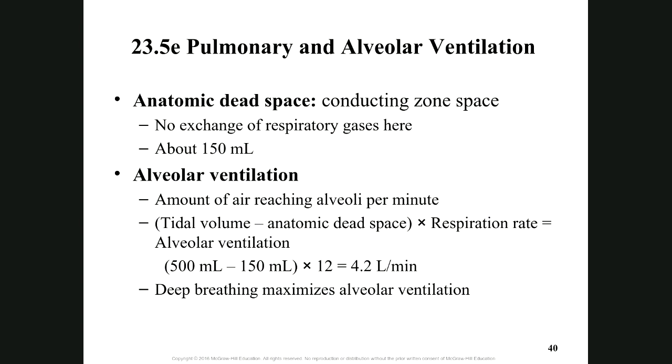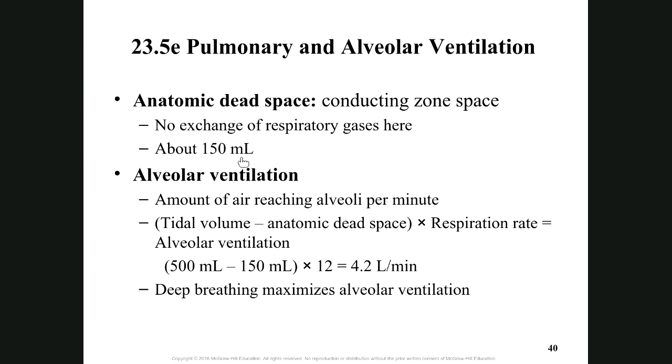When you do inhalation, about 350 milliliter of air goes to your alveoli to do exchange and 150 milliliter remains in your anatomic dead space or conducting zone space. So the anatomic dead space is the conducting zone space. No exchange of respiratory gases happens here and it's about 150 milliliter.